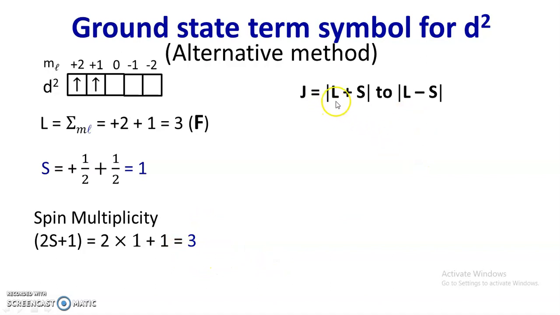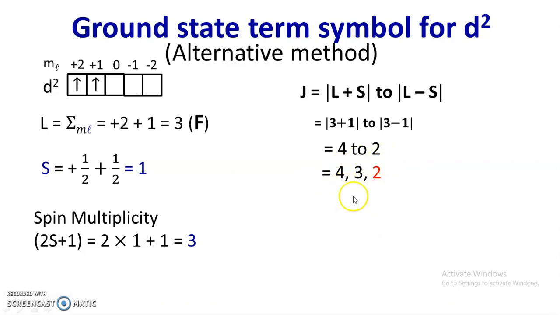The value of J ranges from L plus S to L minus S. So L is equal to 3, S is equal to 1, so 3 plus 1 is 4, 3 minus 1 is 2, and the possible J values are 4, 3, 2.